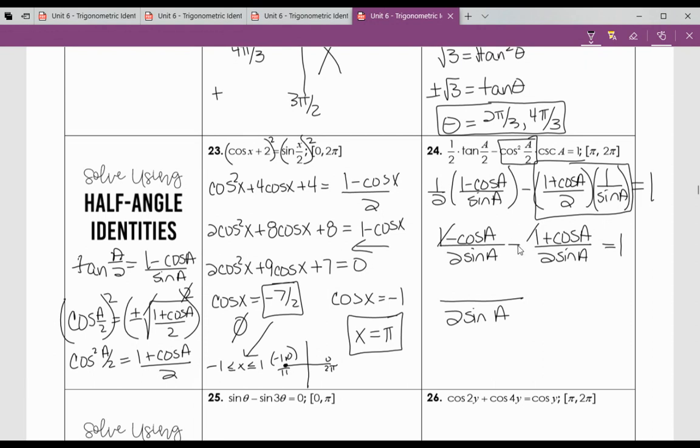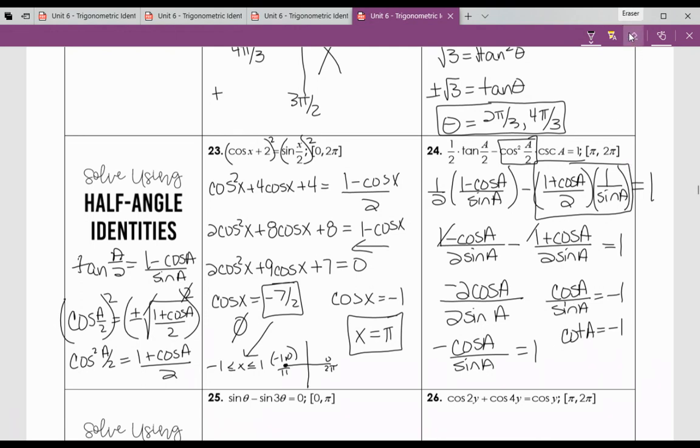Negative cosine A minus cosine A gives me negative 2 cosine A. That gives me negative cosine over sine equals 1, so cosine A over sine A equals negative 1, and that would be cotangent A equals negative 1, because cosine over sine is equivalent to cotangent.